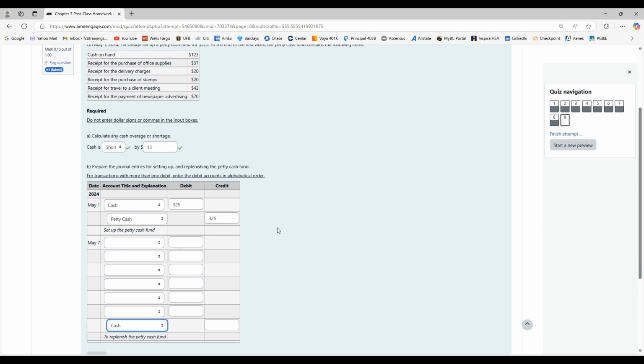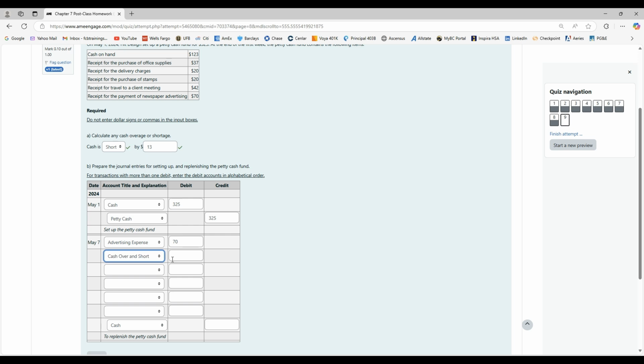We're going to replenish. And again, we're going to do office supplies, delivery charges. I'm thinking about the alphabetical order here. Travel expense, advertising. So advertising is going to be first. 70. And then what other expenses do we have?